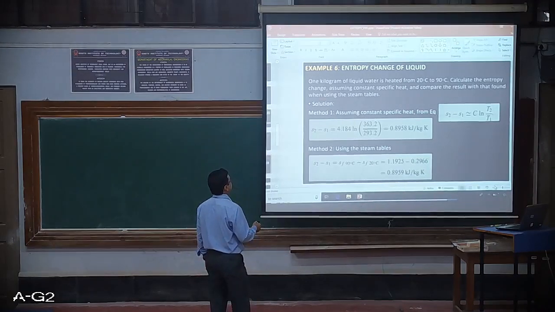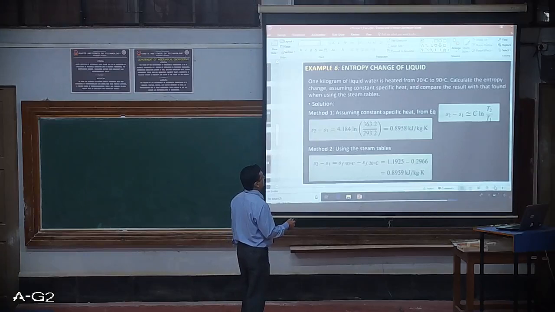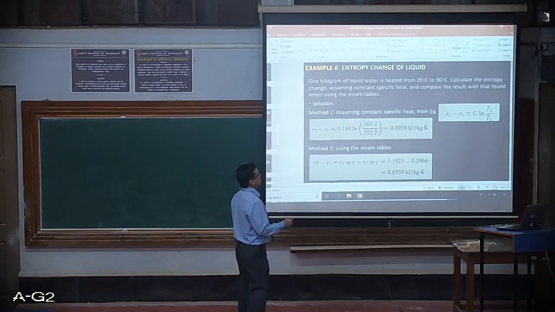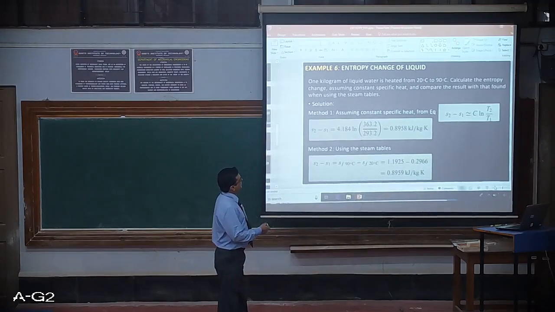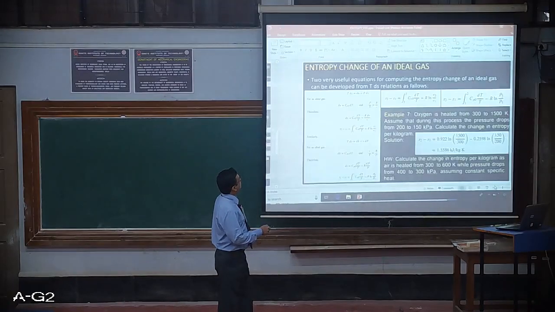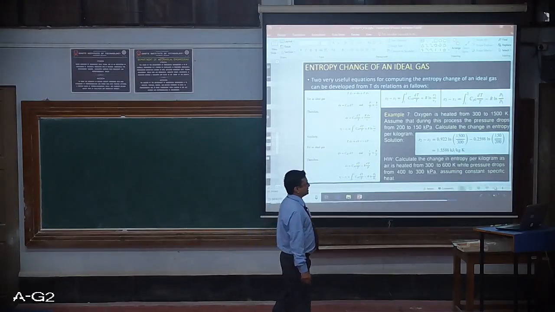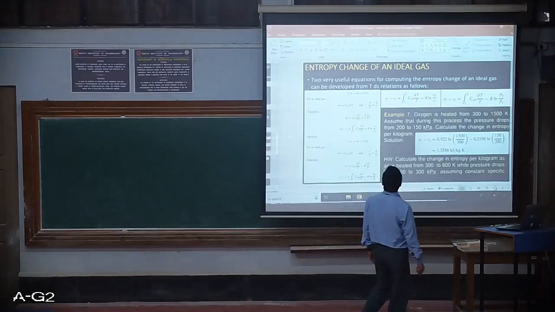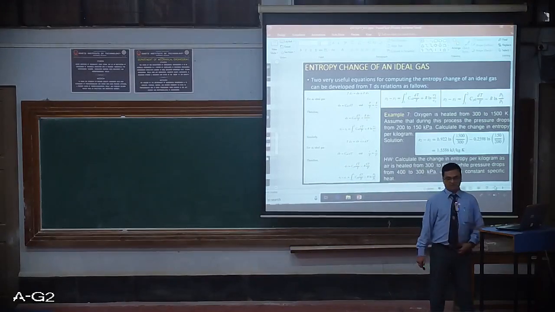Now here it is given that assuming constant specific heat at a given temperature of 20 degree Celsius, and then find. And along with that, you need to compare the results with that found using the steam tables. So both are obtained here. Values are almost similar.